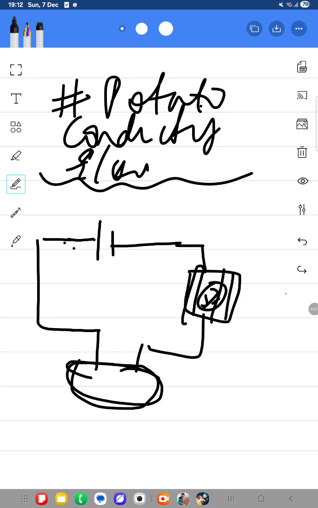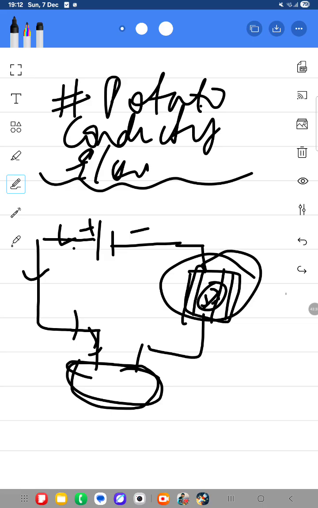So here we have made a circuit in which it is cell, potato and a magnetic compass. When the circuit will complete, the electricity will flow through this potato and we can see the deflection of magnetic compass. It proves that potato conducts electricity, which shows magnetic effects. After some time when we will see it, the color of the potato will turn into green.